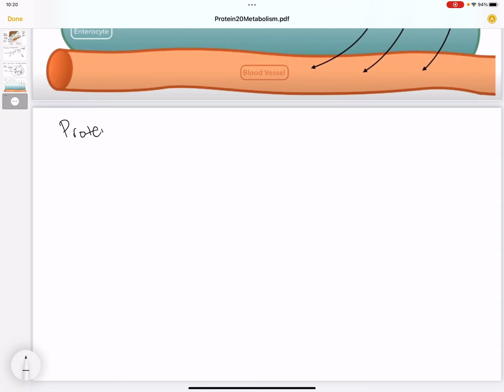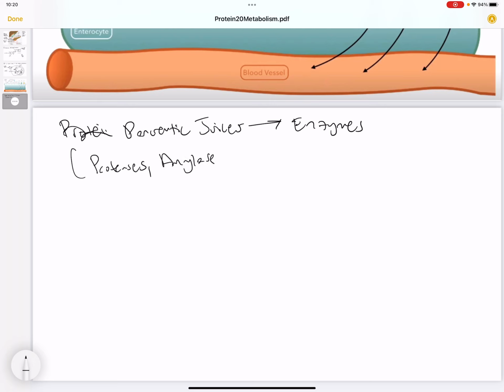So pancreatic juices have enzymes: the proteases that help with digestion of proteins, amylase, which helps with digestion of carbohydrates, and pancreatic lipase, which helps with the digestion of fats.